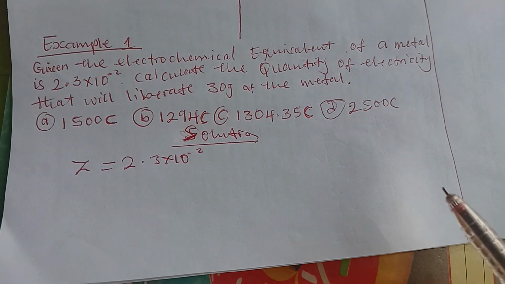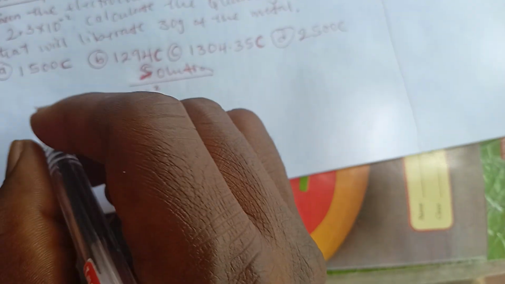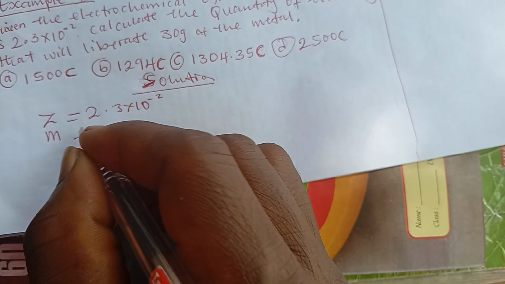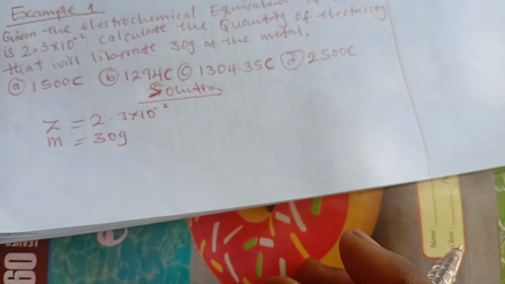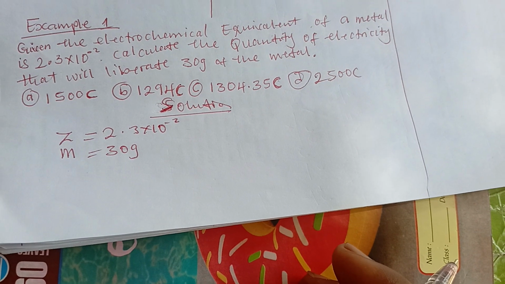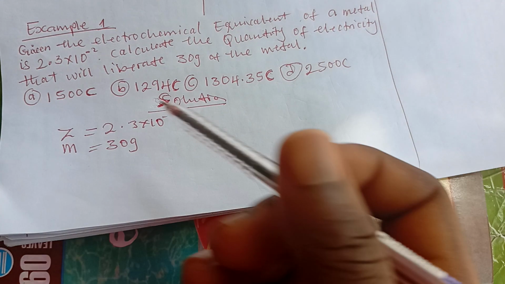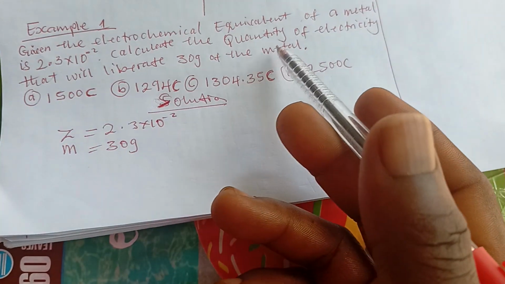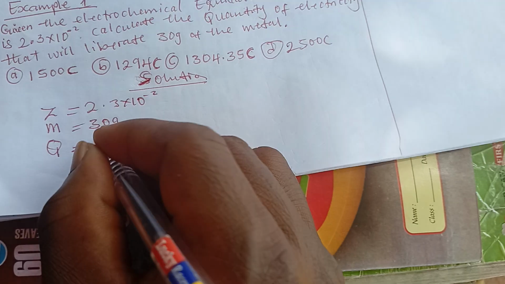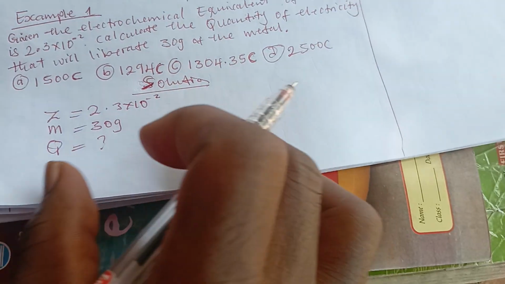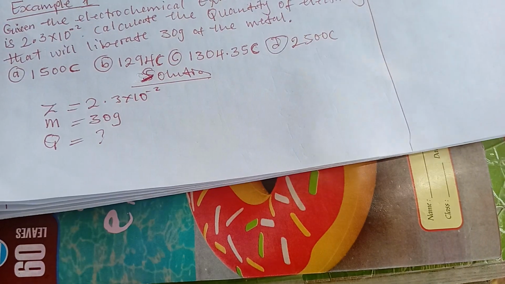We have the mass given as 30 grams. Nothing again. They said we should just calculate the quantity of electricity. So the quantity of electricity here is not given. We are not provided with time or current.